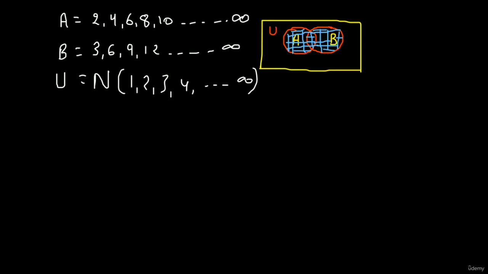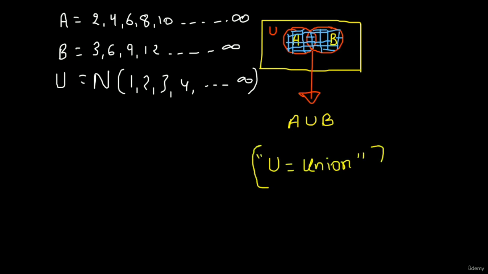Let's write it down, how it is going to be written. We are going to write it as A union B. So this symbol is representing union, as the upside-down U was representing the intersection. This is our union. Union means totality of both sets.